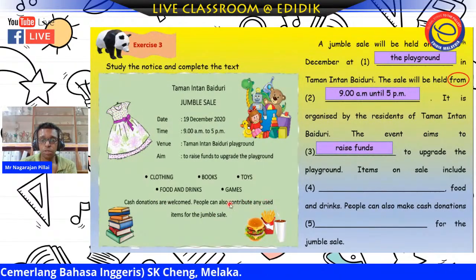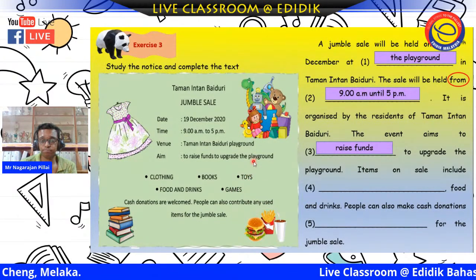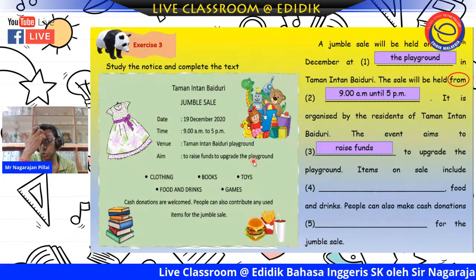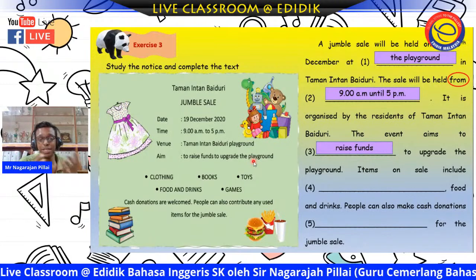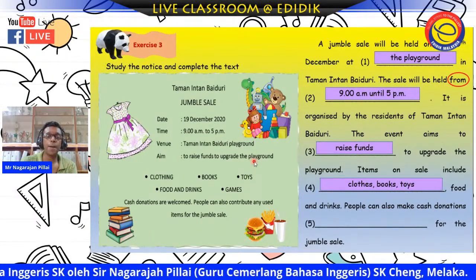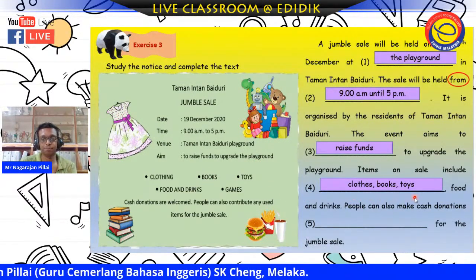Now, let me ask you, can we choose games? Games means something that you play. It's more of an activity. It's not an item. Okay, so you can only choose clothes, books, toys.